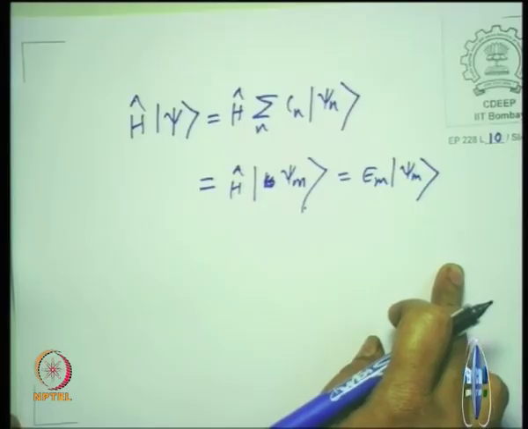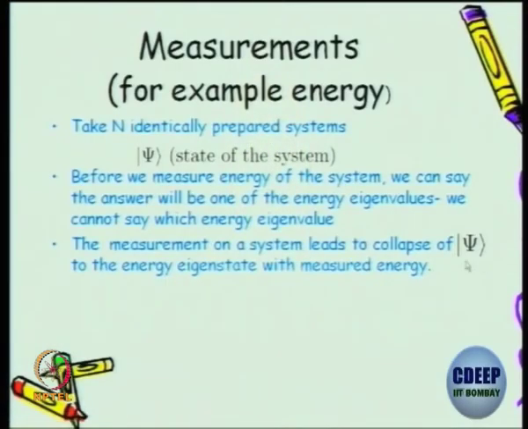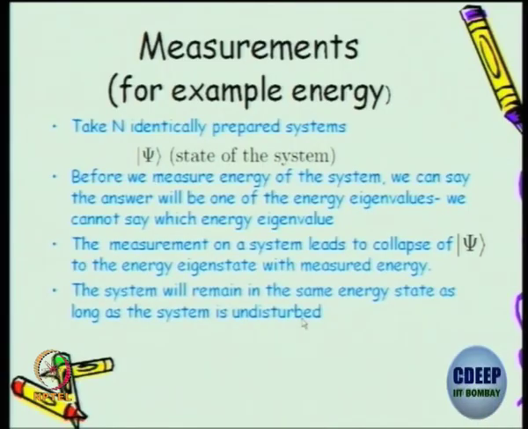Is that clear? So the measurement on a system leads to a collapse of psi to psi m, a specific eigenstate, and it will have an energy which is measured by him. After that, if he repeats the energy measurement, it will remain in that state, and then he can have a predictive answer. He takes a superposed state and does a measurement.